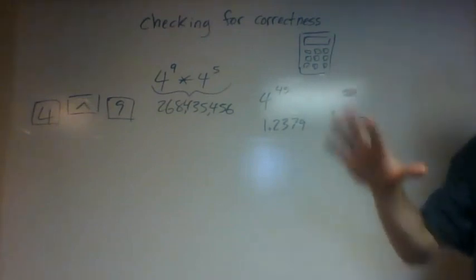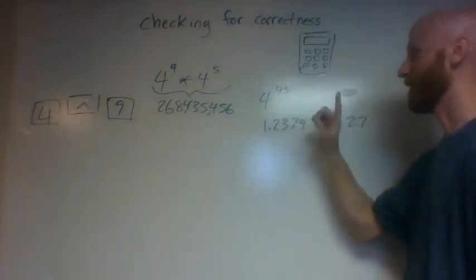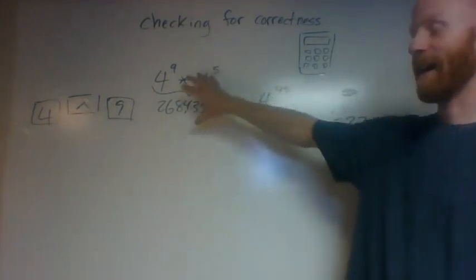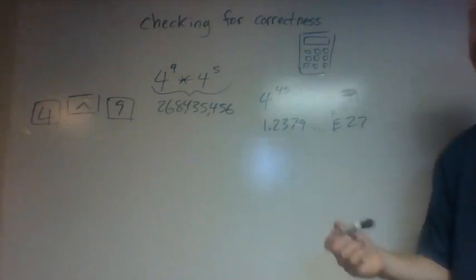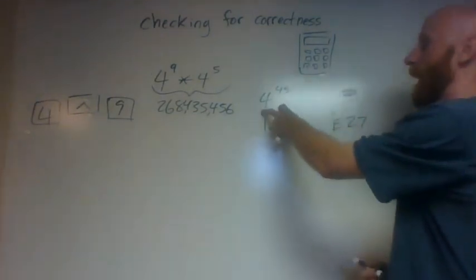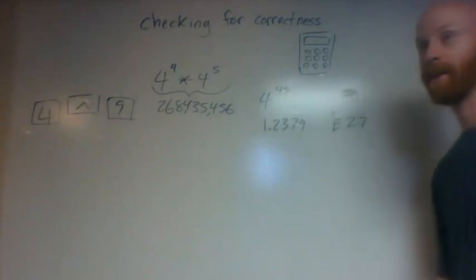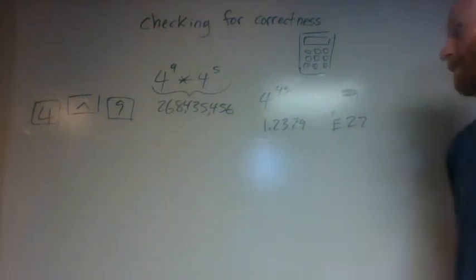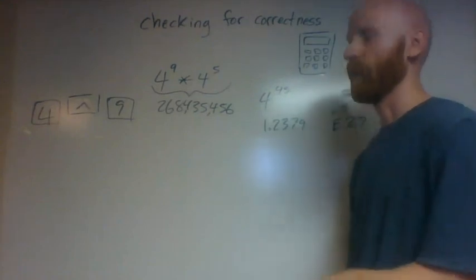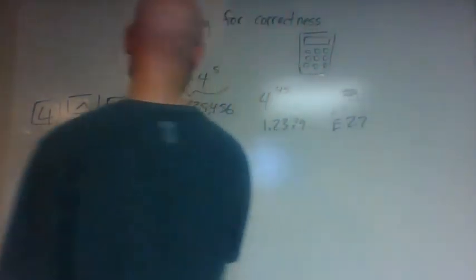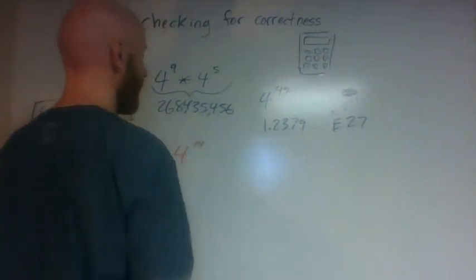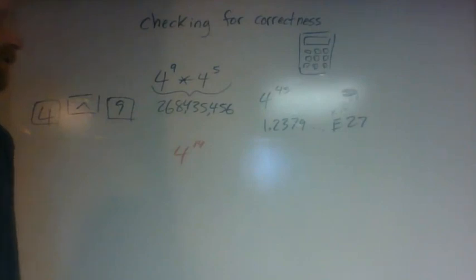All right. Anyway, for our purposes, all we care about is 4 to the 45th power does not match 4 to the 9th times 4 to the 5th. So I know that I was wrong when I guessed I was supposed to multiply the 9 times the 5. So I could try something else. Hopefully we happen to know, or we could look back at our rules, that what I'm supposed to do is keep the base and add the exponents. 9 plus 5 is 14, right?